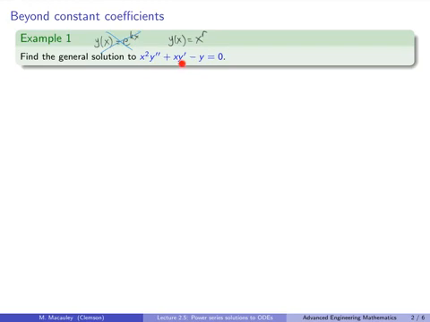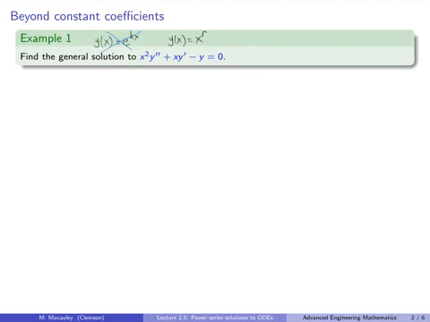So this term is going to have some number of x to the r's in it. And then this term, we take two derivatives, so we lose two powers of r, but then we gain them right back when we multiply by x squared.